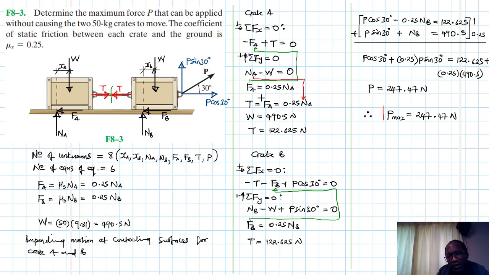So let me just outline the final solution. So we have P max. This is what we wanted to find. You can go and check out the value of NB and NA, but it was not part and parcel of the problem. You can check them out later on.